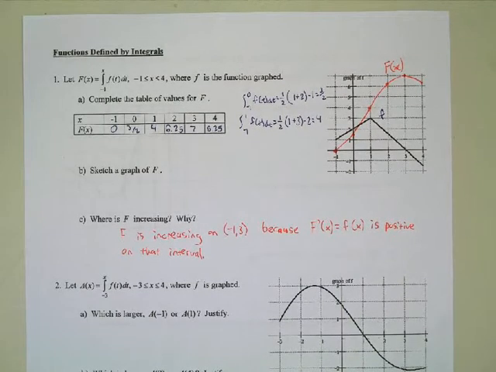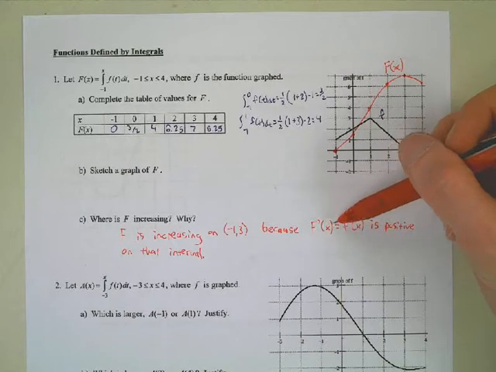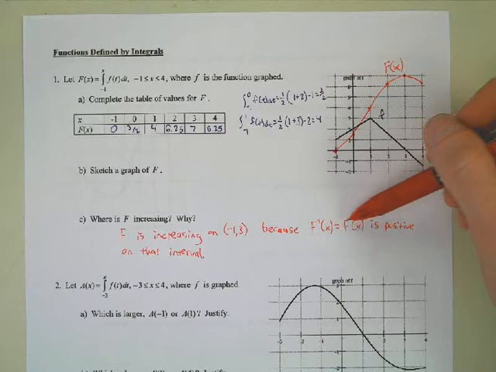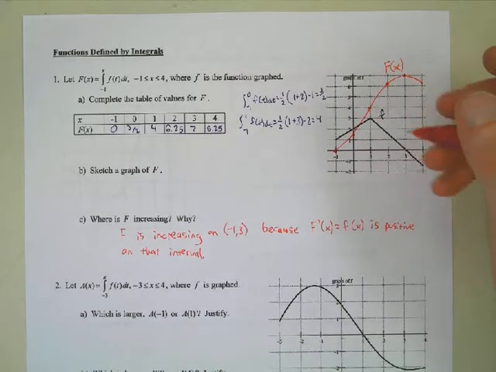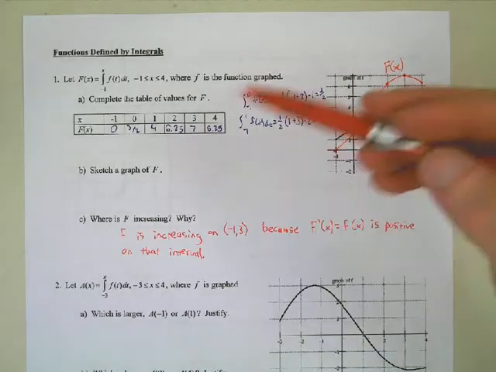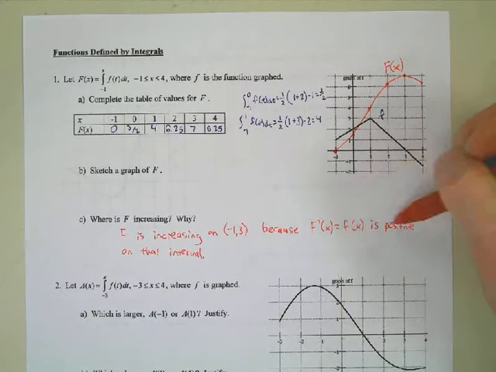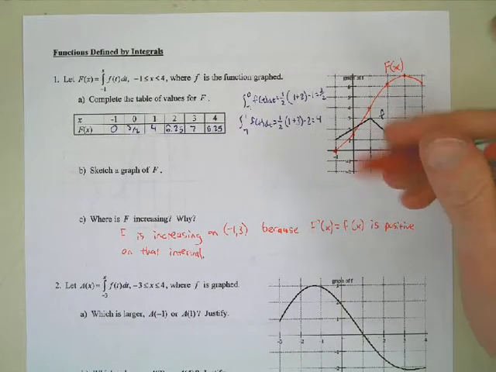Here it's a similar idea, but we want to make sure we identify that capital F prime, which is equal to f of x, is positive on that interval. This is an important relationship to point out. Just saying because f of x is positive is not quite enough. You need to connect it back to capital F. So saying capital F prime, which is equal to f of x, is positive on that interval, therefore the function capital F is increasing on that interval. Questions on any of that?